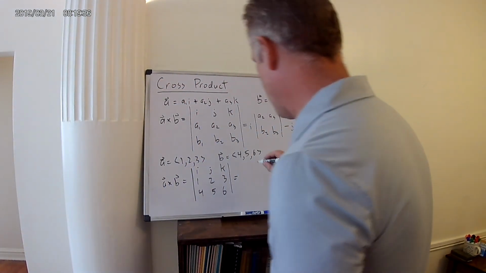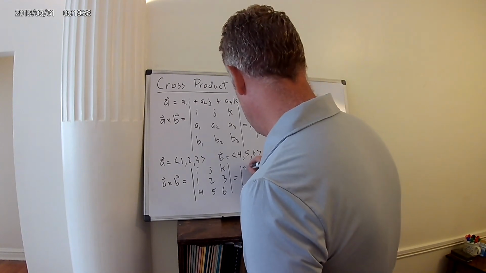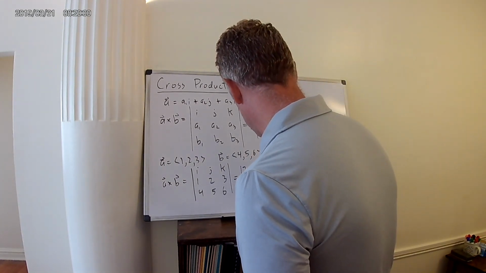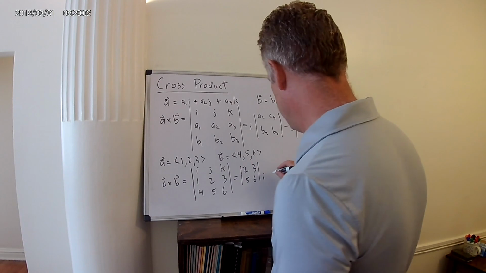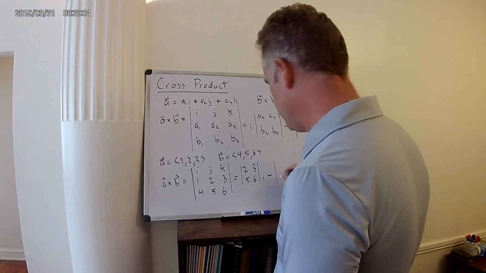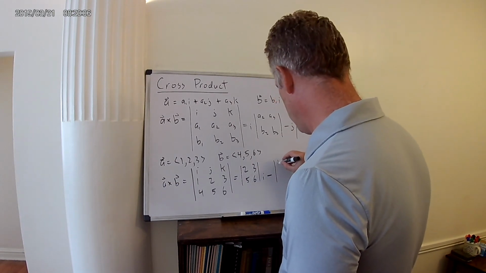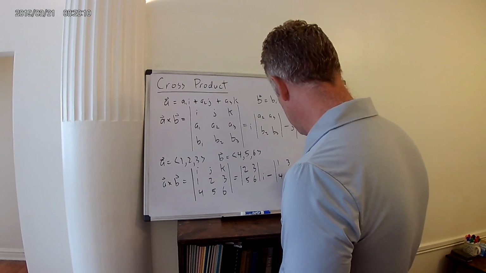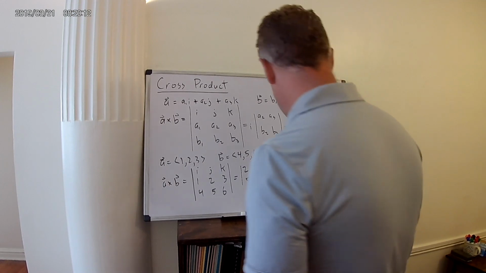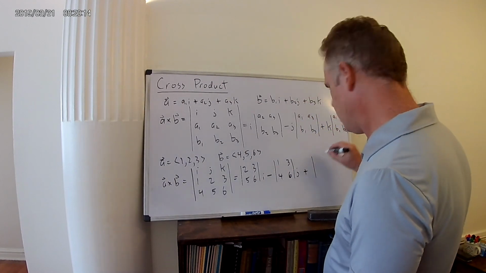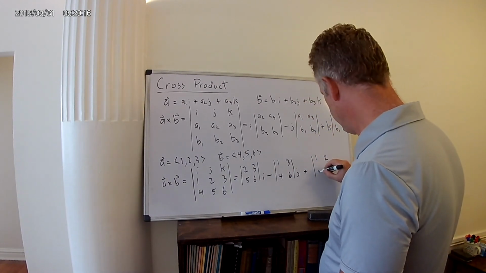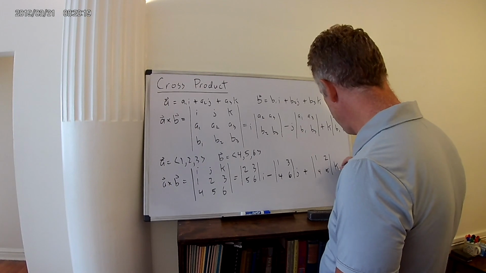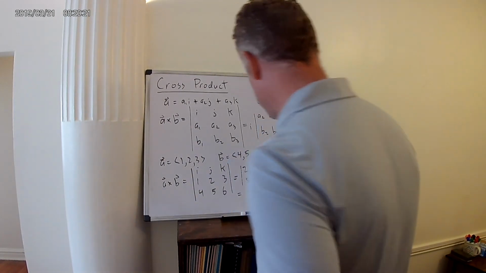And we can write this out as (2, 3, 5, 6) times I, minus (1, 3, 4, 6) times J, plus (1, 2, 4, 5) times K. And now we have to calculate this.